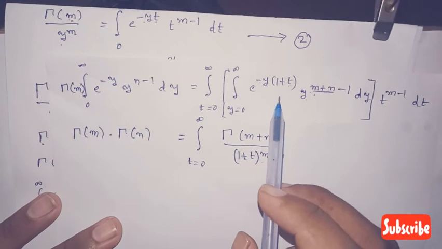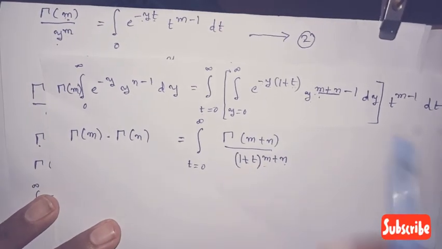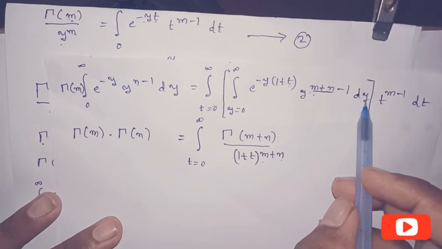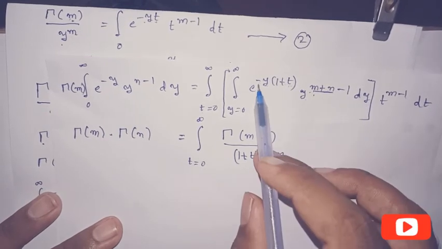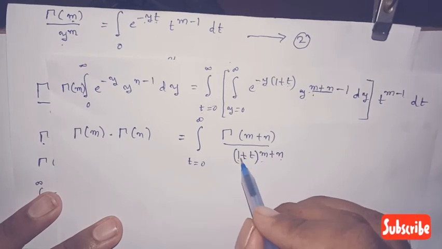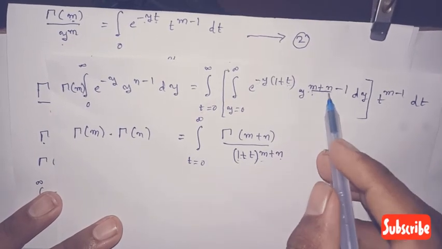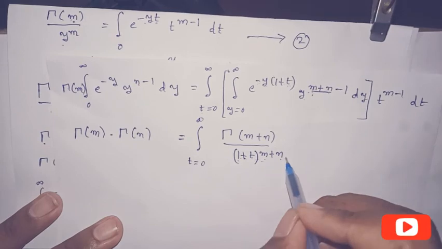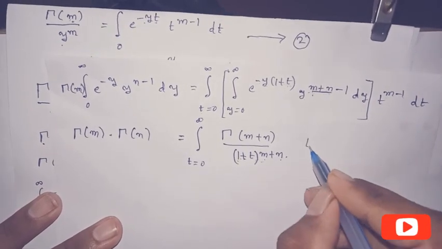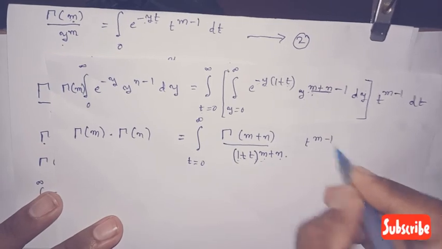Here, because this is with respect to y, you have to consider the coefficient of minus y, which is 1 plus t.